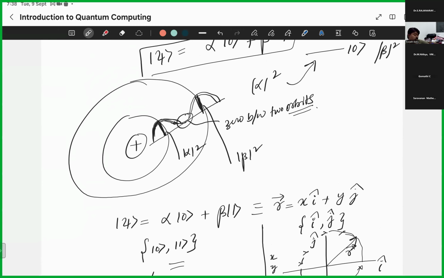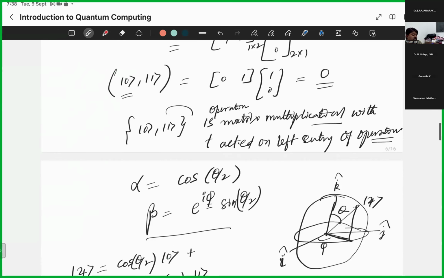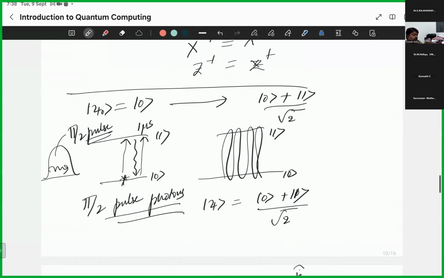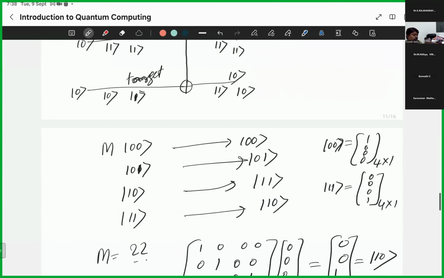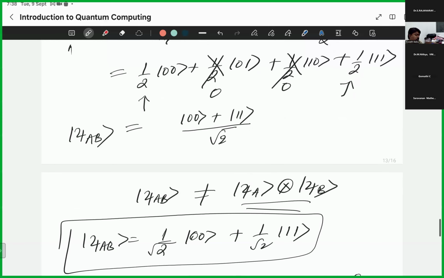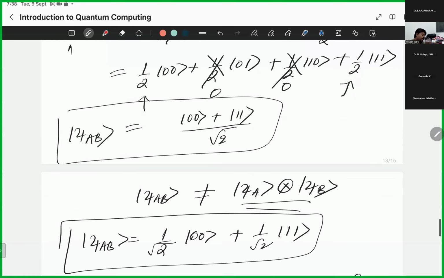Then I can have two qubits entangled and merged together, like the entangled state I was showing here. This is a Bell pair. In that case, they are said to be entangled: something happens to one, and it forces the other to undergo the same change. That is quantum entanglement for you.